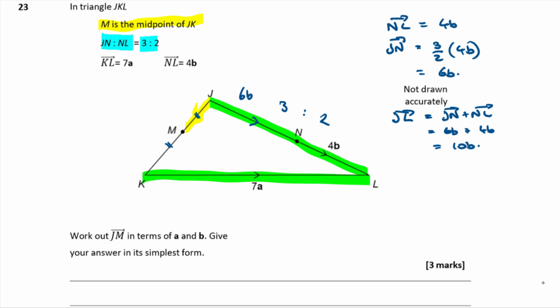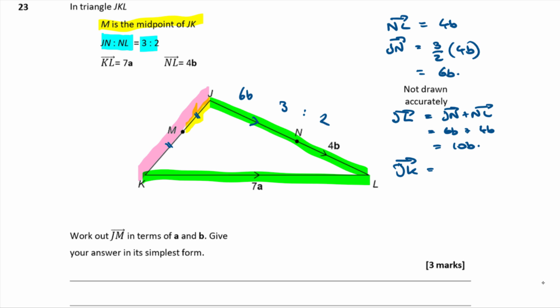I already know K to L is 7A. So then I can find an expression for J to K, this distance all the way along here, well, going the other way actually. So what is the vector JK then, going along places that I know? I can't go direct because I don't know anything about that line yet, but I know the other route.